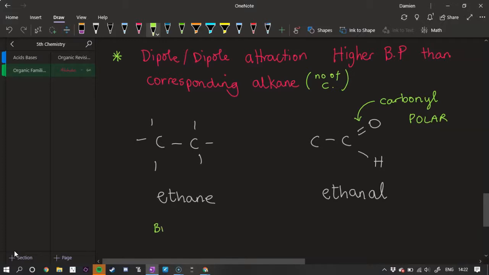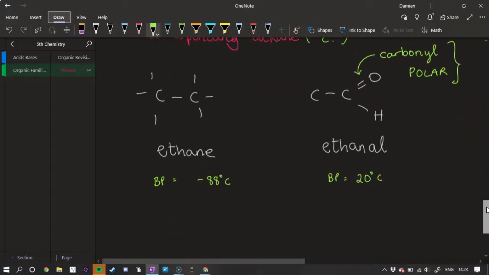The boiling point of ethane here is around minus 88 degrees Celsius. That's the boiling point, so that's when it turns into a gas. Whereas ethanal, the boiling point is around 20 degrees Celsius. So this has a much higher boiling point. And the reason for that is because of the carbonyl group, which is polar, and you need to talk about both of those. So on to the next part of the physical properties.